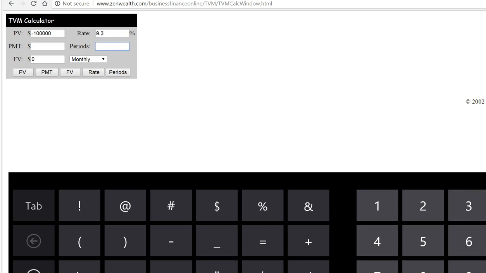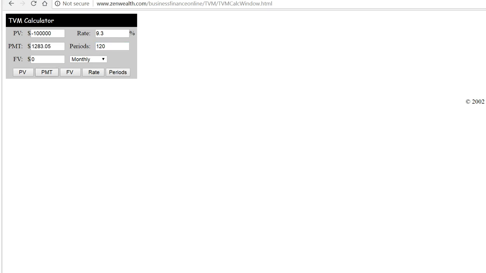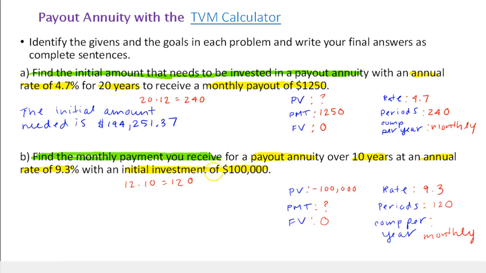There were 120 periods, so monthly for 10 years, and that's set to monthly. Since we're solving for the payment, we will click on that, and the payment is $1,283.05. So now let's write our result as a complete sentence.